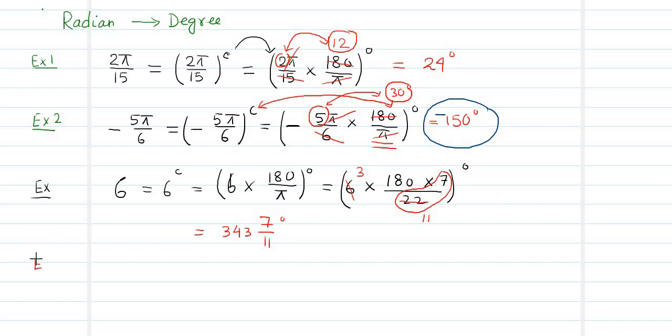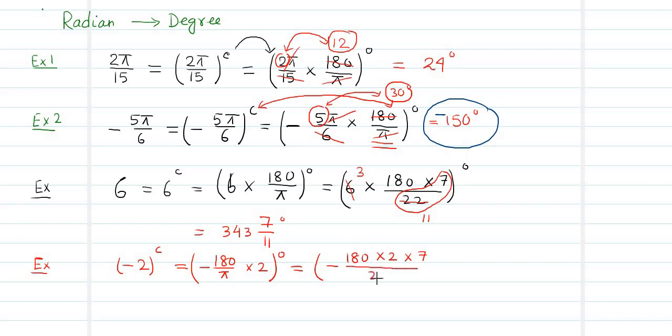Finally, let us consider this example, minus 2 radian. Once again, it is same as 180 by pi into 2 with a negative sign, this much degree. And this is same as 180 into 2 into 7 by 22 degree.